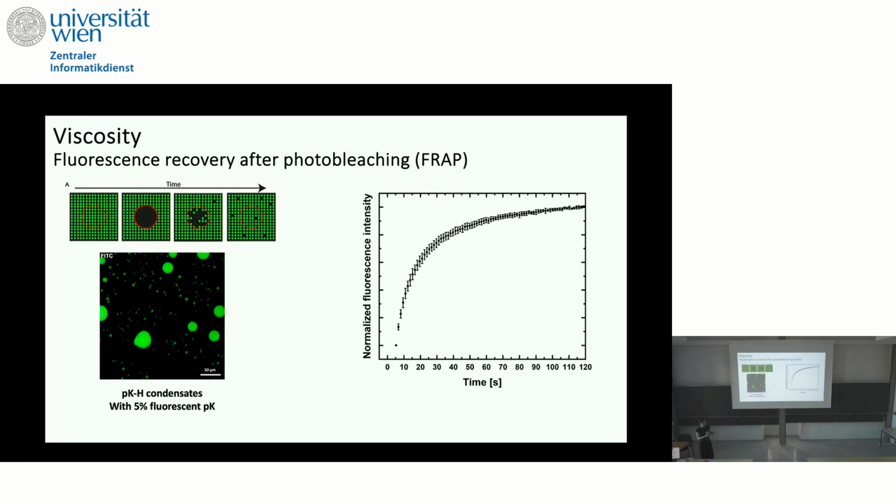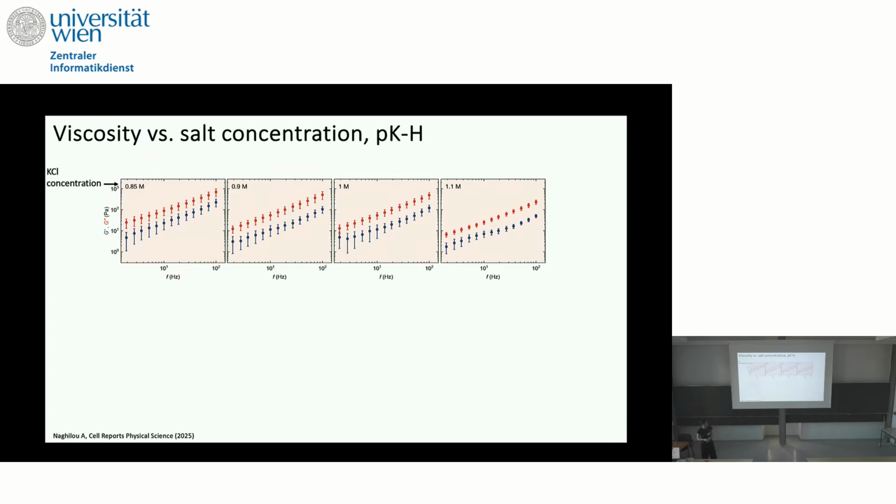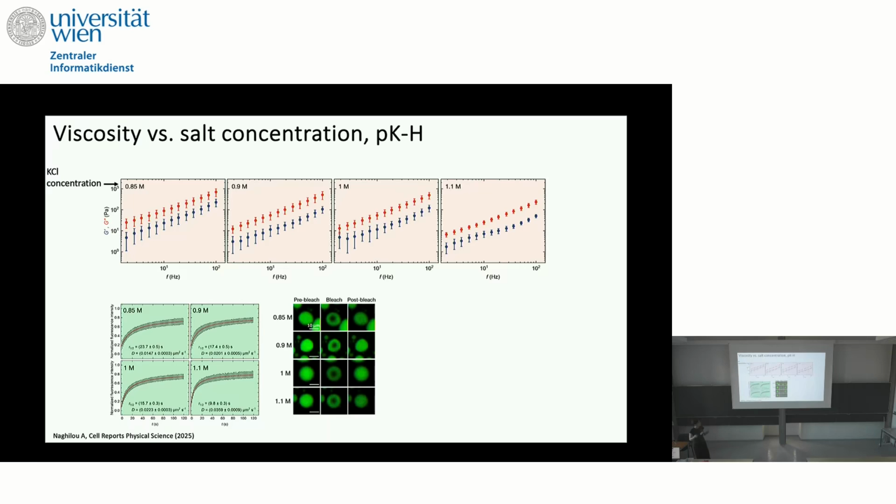So we set out to compare FRAP with scanning probe microscope, and we have heard in this conference quite often that condensates are sensitive to salt, and their material properties really depend on salinity, and we took advantage of that. We made condensates at various salt concentrations, first measured them with scanning probe microscope and calculated the viscosity from that. And then we repeated the experiments with FRAP.